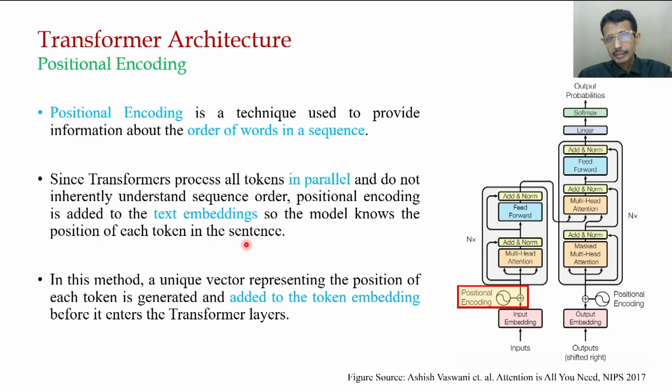In this method, a unique, position-aware vector representation of each token is generated and added to the token embedding before it enters the transformer or encoder layers.